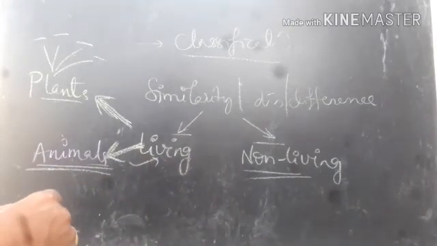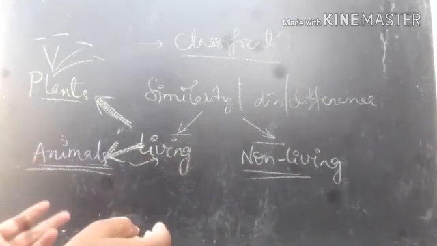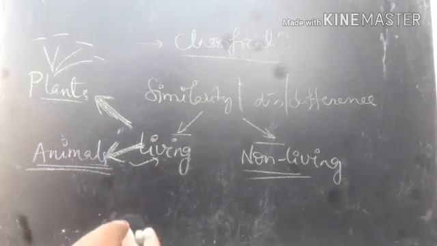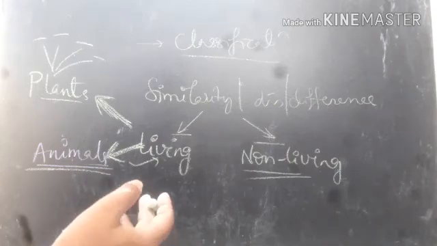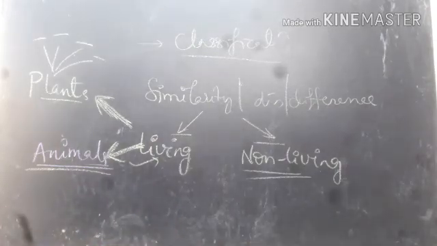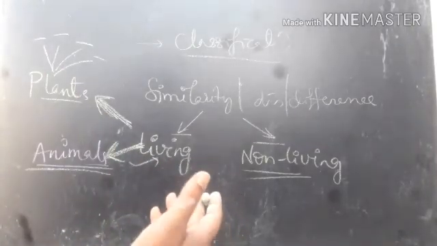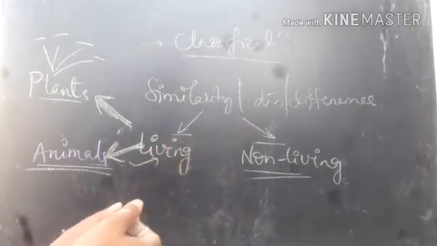Here non-living things can be separated depending upon the nature, size, structure, oddness, etc. Now we are going to separate the objects by their matter or material, by what matter they are prepared.